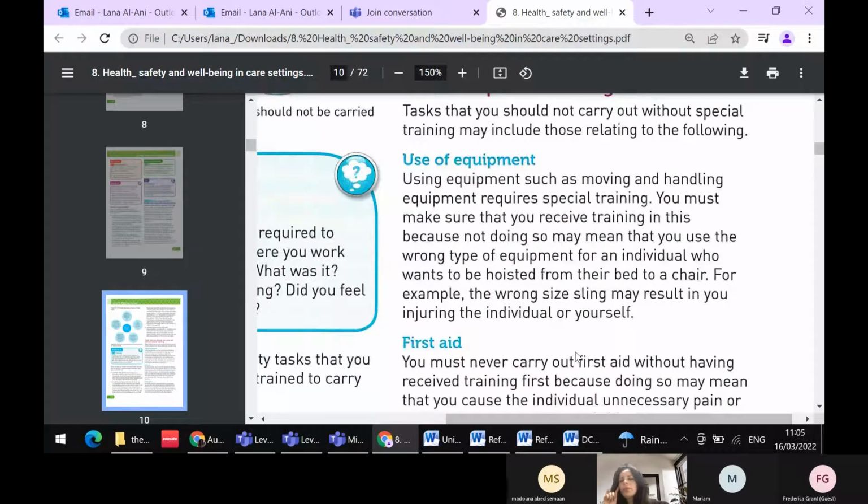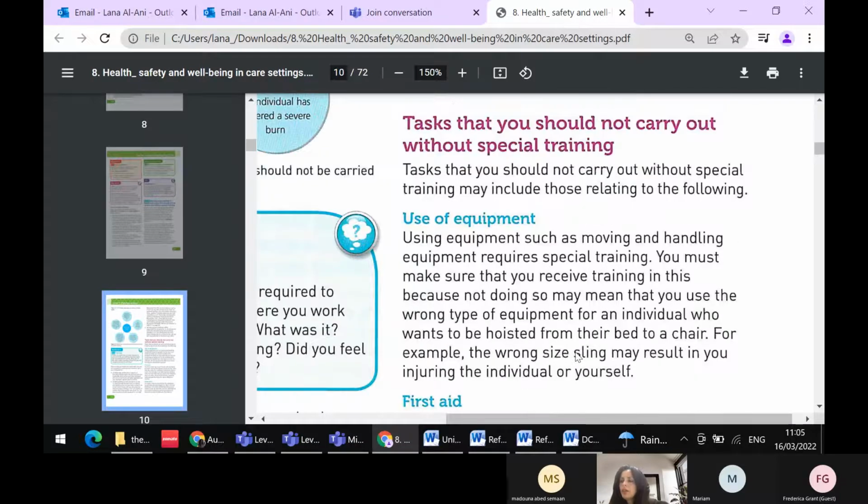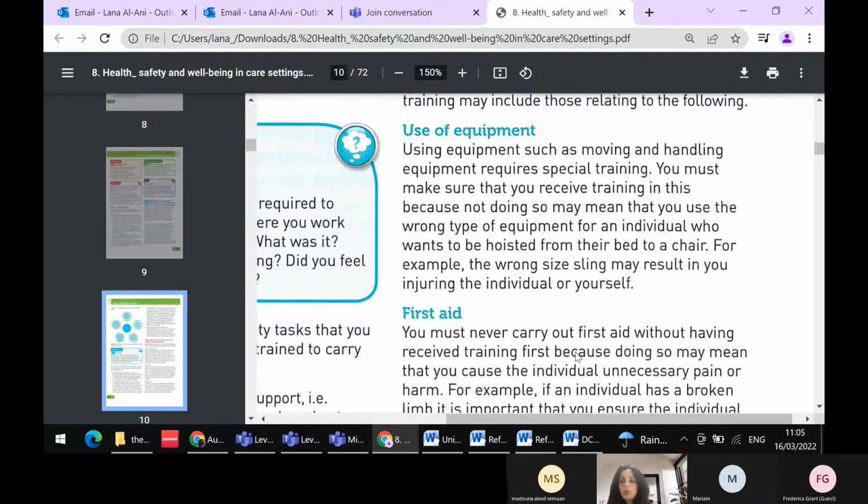So as we talked about here, you need proper training to use equipment. You should not use any equipment, such as for moving people or handling equipment, without specific training. Make sure that you receive training before you do this, otherwise you will hurt yourself and you will hurt others.